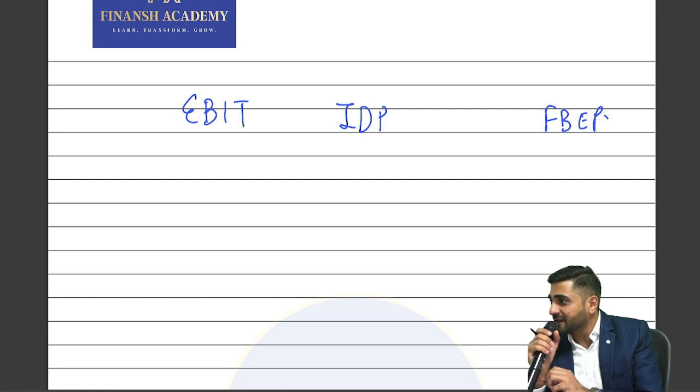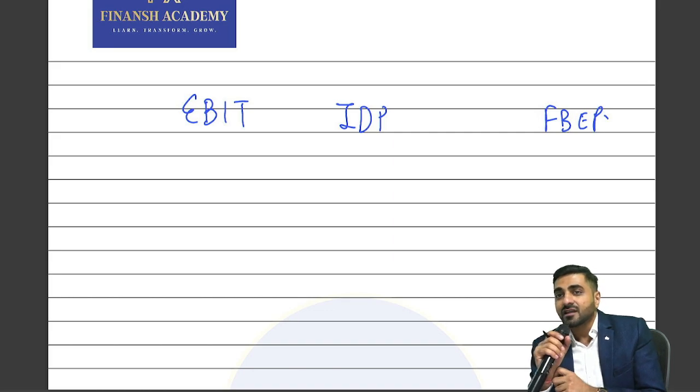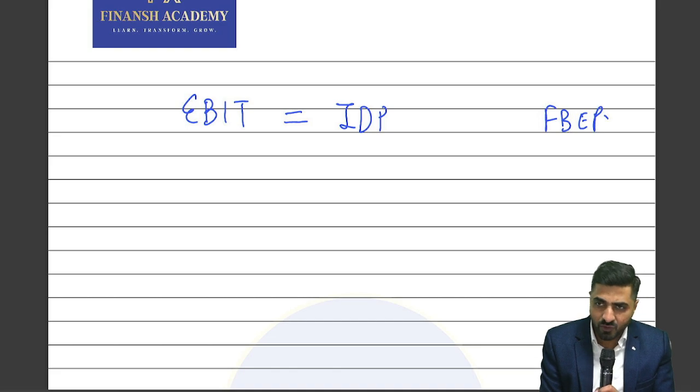Of course pizza, right? Not bitter gourd. So I hope you are trying to understand that we select the financial plan based on this. Now tell me one thing. If your EBIT equals the indifference point, can I say you will select any plan?